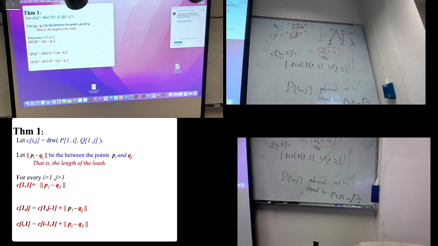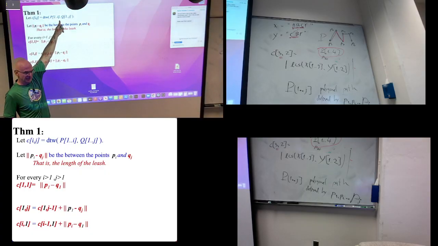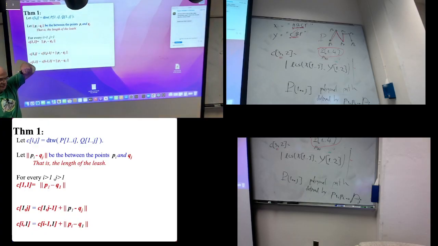Okay, let's try to make some statements. What is C1,1? I'm looking at the polygonal path from P of 1 dot dot 1, the first vertex of P. It's a polygonal path that consists of a single vertex, only P1.